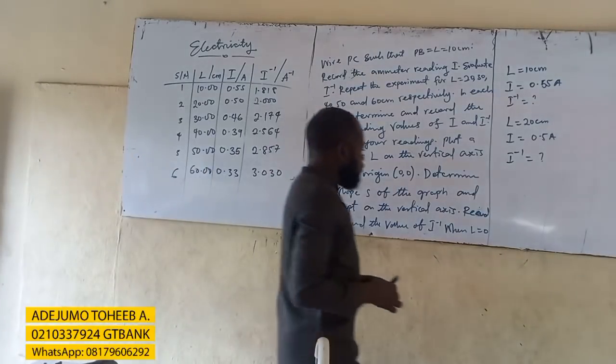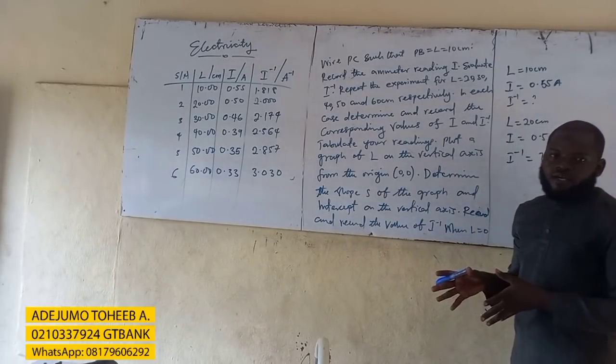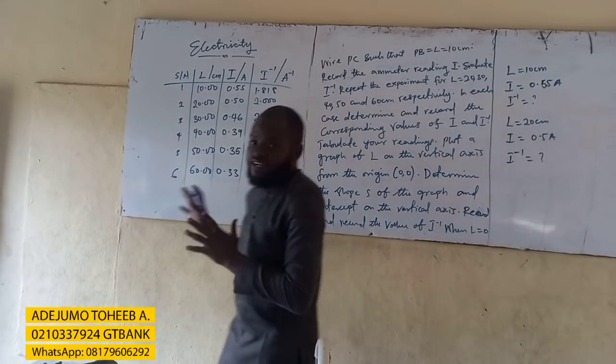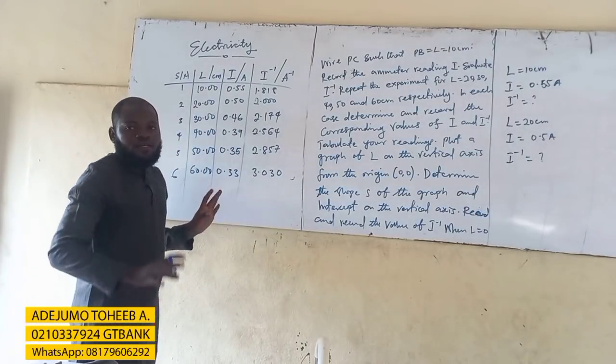So we are done with the whole of the reading now. You can see our table very neat. So your table should be very, very neat.